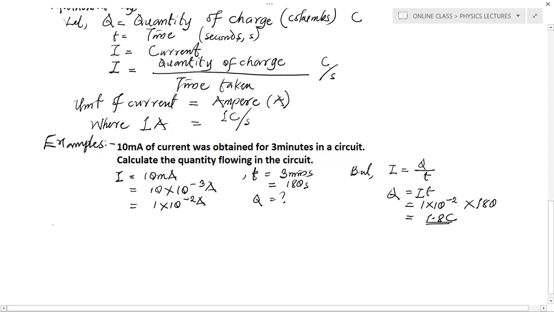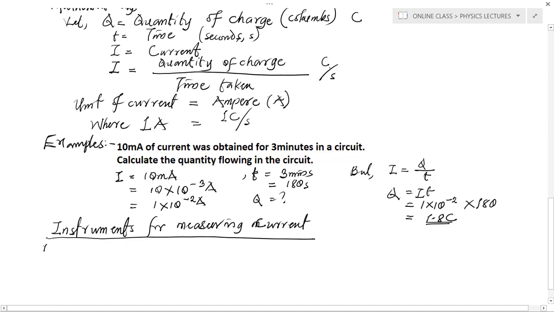Instruments for measuring current. What are they?